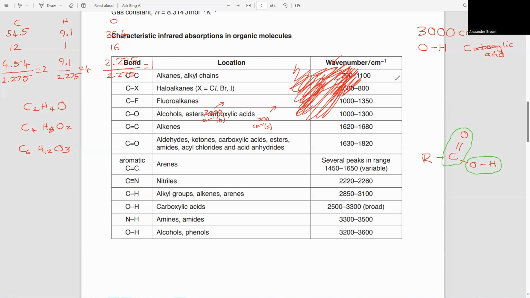The other peak from our infrared spectrum was 1,700 centimeters to the -1, which is within this range here. So this must be the C double bond O within the carboxylic acid that we've not yet identified. So this 1,700 centimeters to the -1 is a C double bond O within a carboxylic acid.